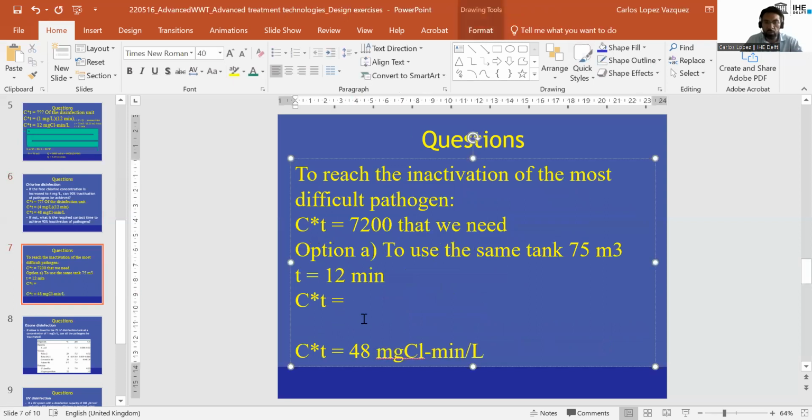So then what we can do is to estimate the concentration. If those are the conditions, let's see what concentration we need. It will be the 7,200 divided by the 12 minutes. That means that we need a concentration of 600 milligrams of chlorine per liter.